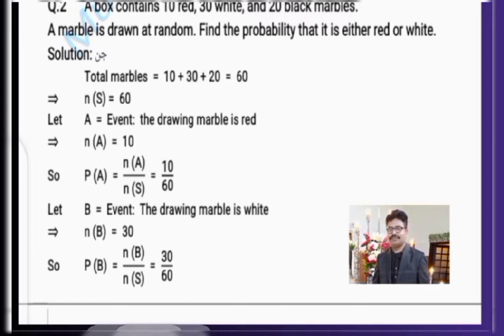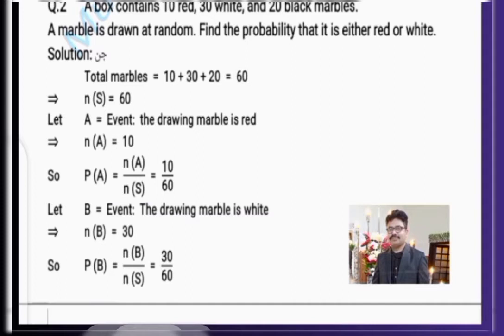Now we have to find the probability of the event white balls. We will denote the event of drawing white balls as B, as there are 30 white balls.